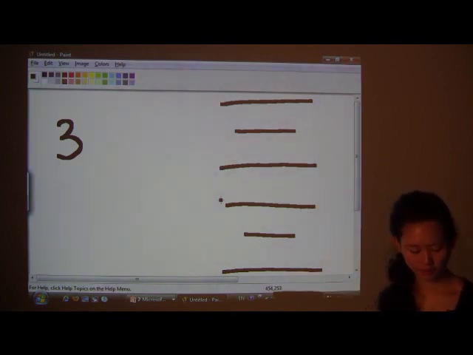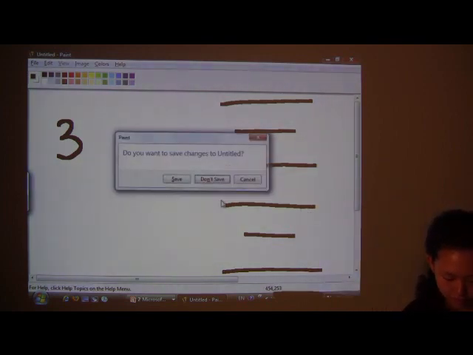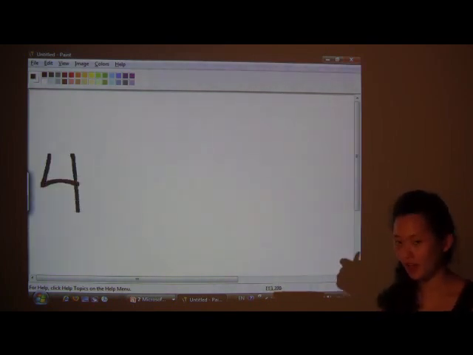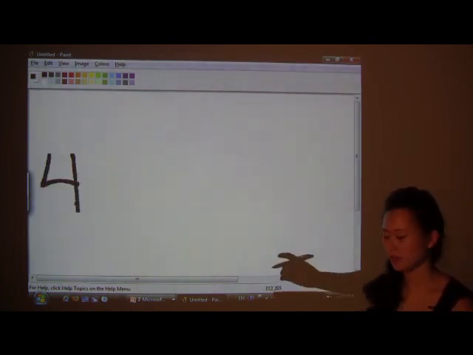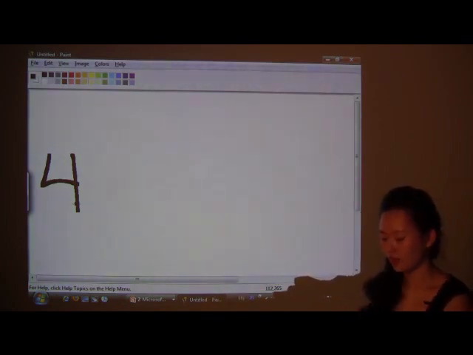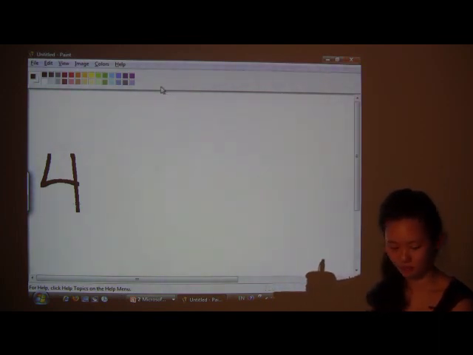Now, 4 is a lot more complicated. It's the box I was talking about. Remember when I said boxes, what you do is you draw 3 walls. Here's the first one, and then the top one, and then the third one.